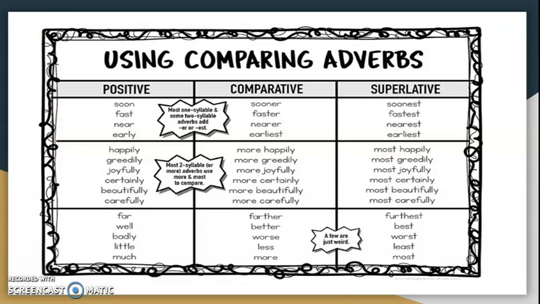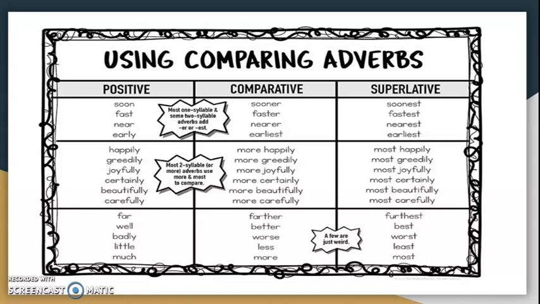Using comparing adverbs. We have the positive form of an adverb, we have the comparative form, and we have the superlative form. For one syllable adverbs, we add er in the comparative form and est in the superlative form. For example, soon, sooner, soonest, fast, faster, fastest.